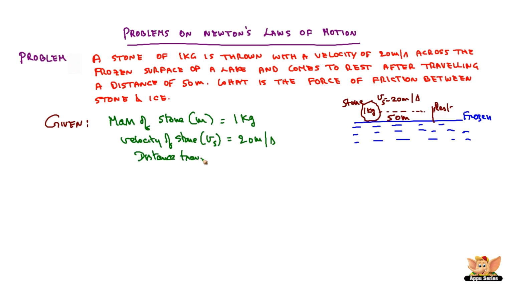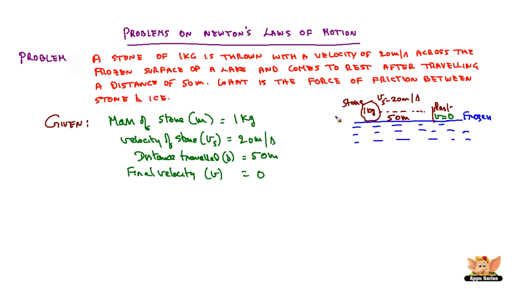So the distance traveled S is equal to 50 meter, and it comes to a rest. So the velocity after 50 meter, the final velocity, we call it V, is equal to 0. Let's say this velocity is V. V is 0.